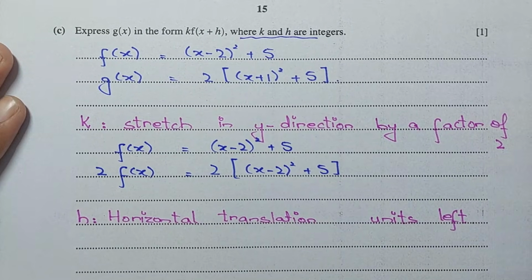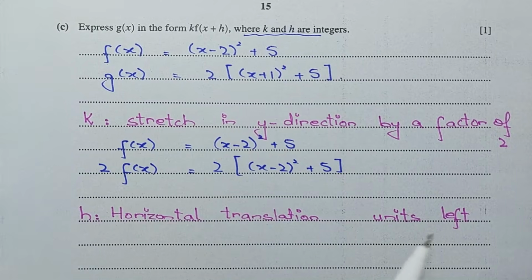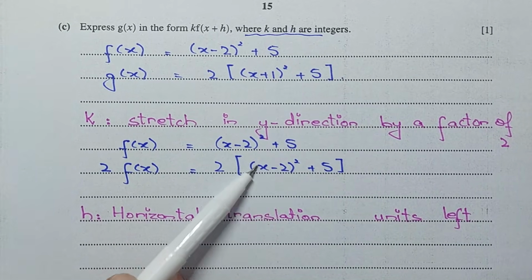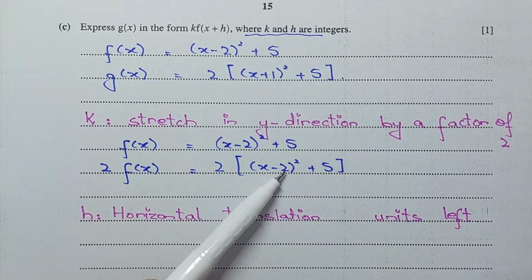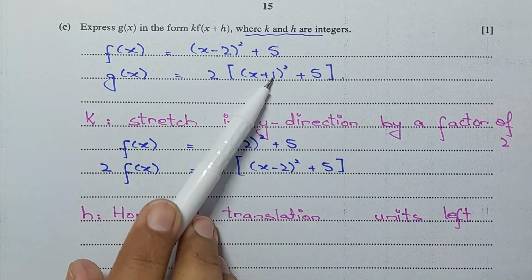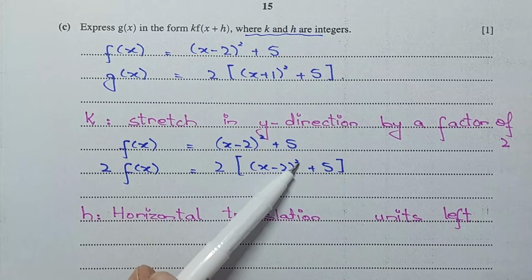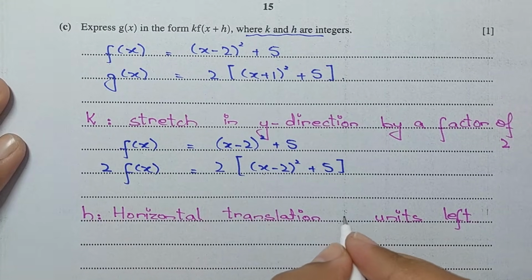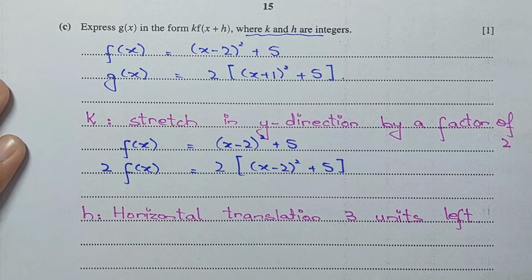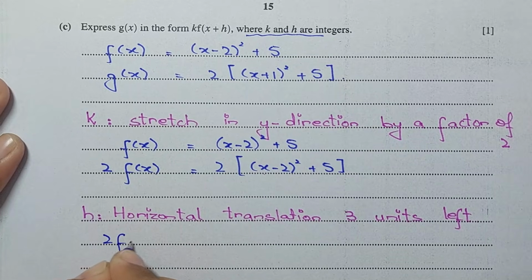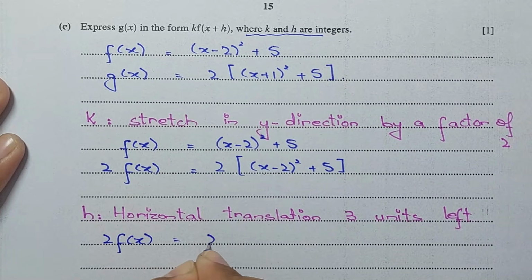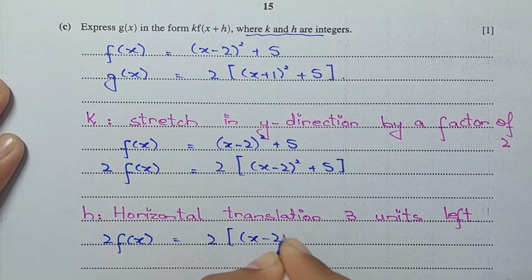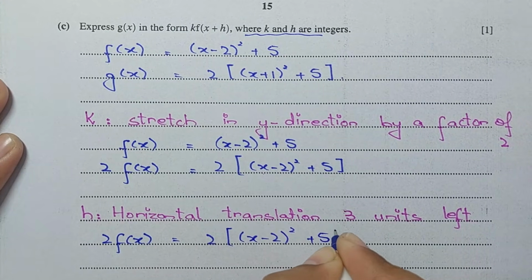Okay. So how many units to the left? For left we add something. So in this whole thing, which is with x, what you minus 2, what you add to get plus 1? When you add 3, because 3 minus 2 gives you 1, so 3 units left. So in 2f of x, we have 2 into x minus 2 whole square plus 5.